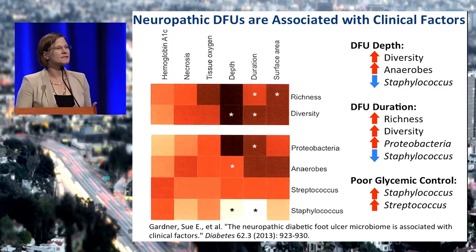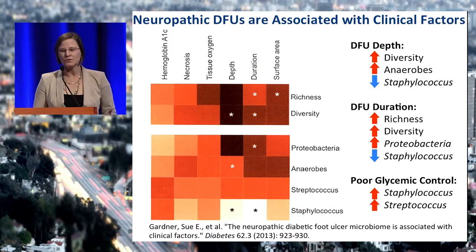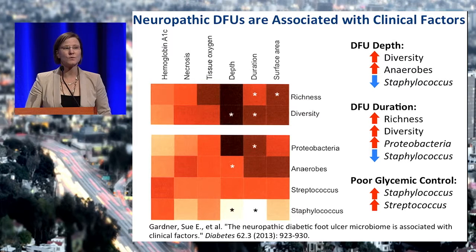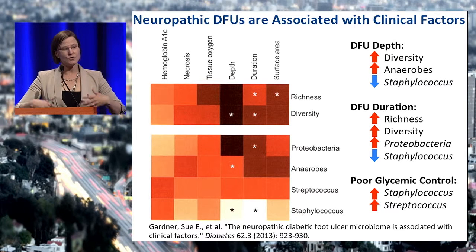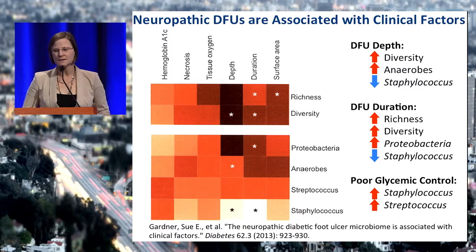And what they find is that diabetic foot ulcer depth is associated with increased diversity, increased anaerobes, but a decrease in Staphylococcus. And the diabetic duration of the foot ulcer is associated with increased richness and diversity, but also an increase in the proteobacteria.